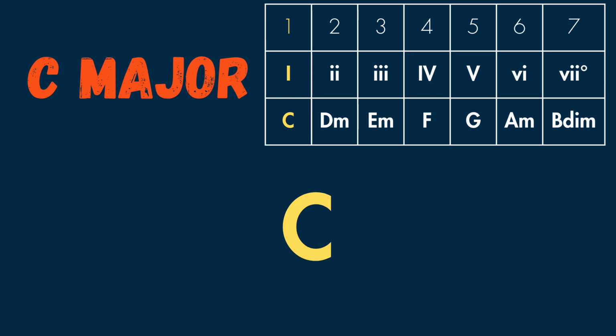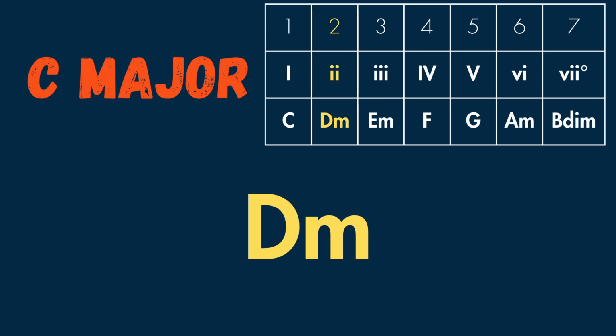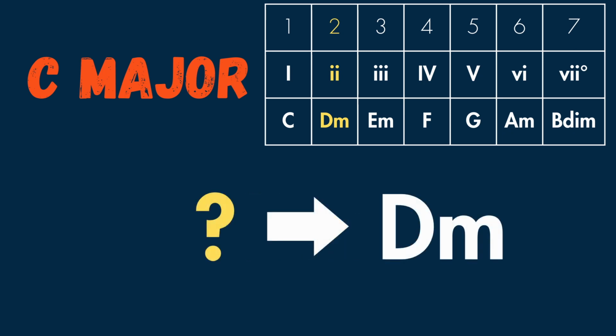And in C major, our minor 2 chord is going to be a D minor chord. So let's say we want to have a super powerful transition to the D minor chord, where the transition really makes it sound like the song is sort of in D minor just for a brief moment.